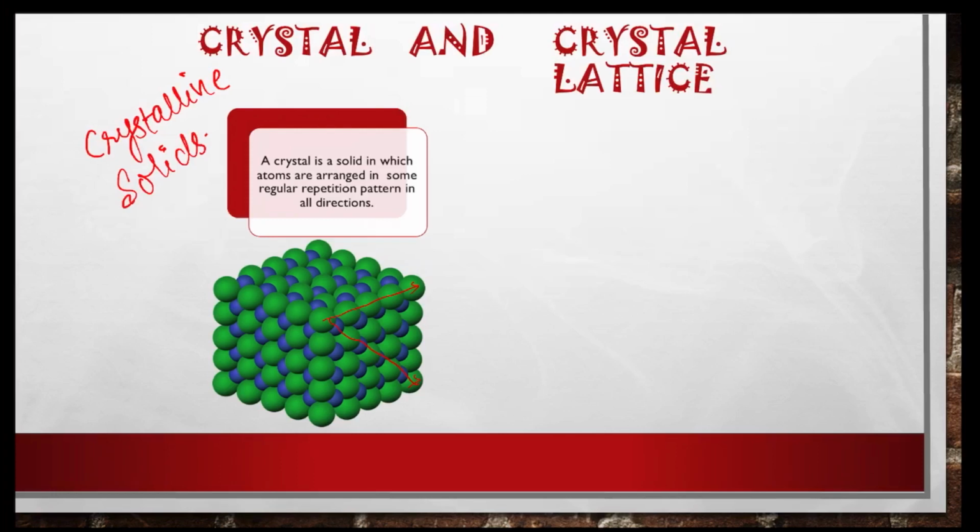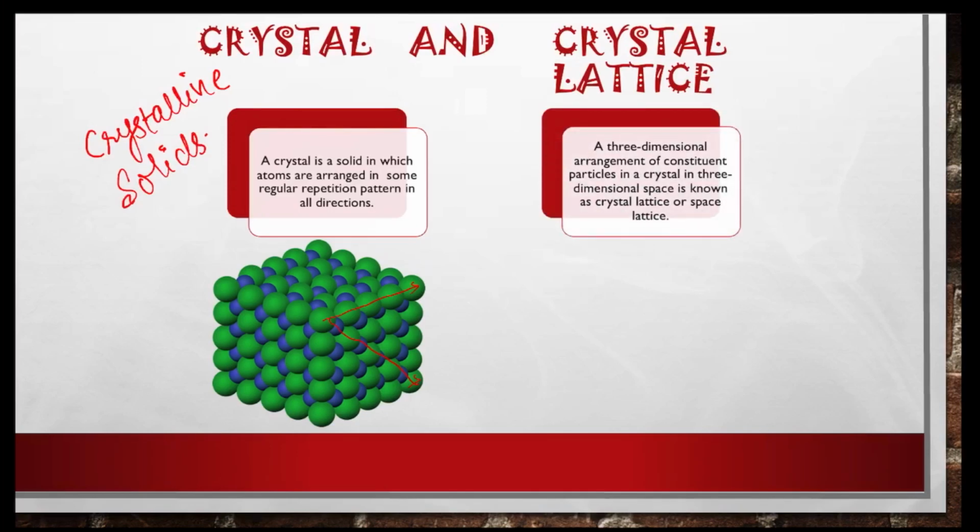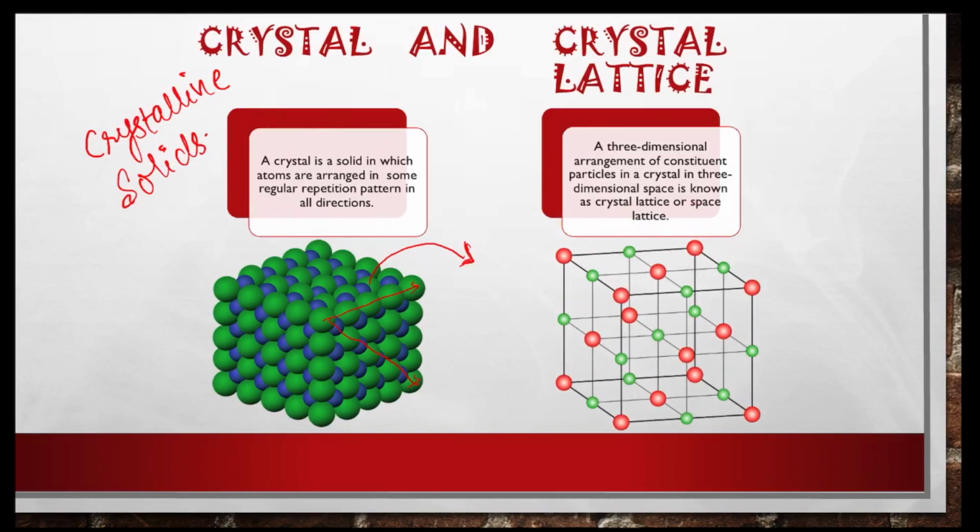But this arrangement sometimes creates a lot of confusion when we want to do some calculations. So what we have done is, we have basically converted this crystal into a crystal lattice. And what is the crystal lattice? It is a three-dimensional arrangement of constituent particles in a three-dimensional space. Very important. It's just simply a conversion of crystal to crystal lattice like this.